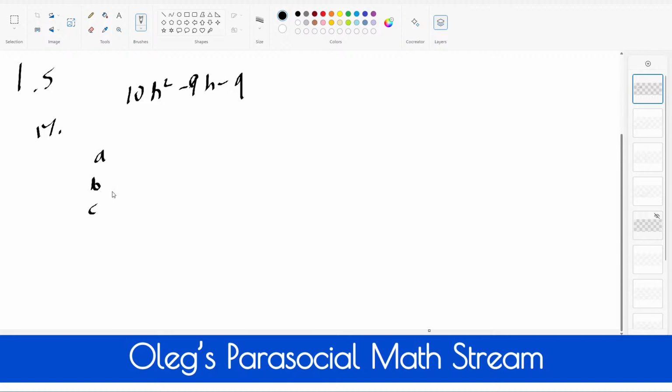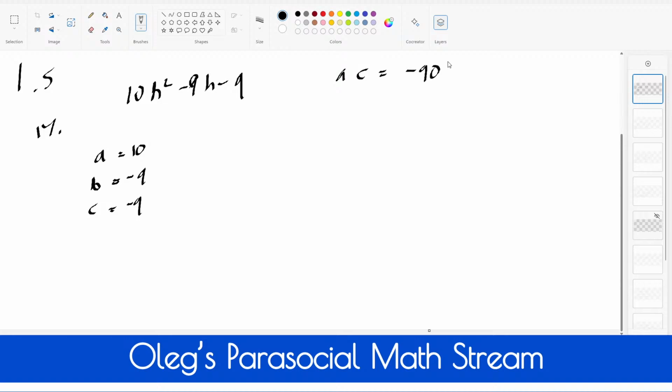A, B, C: A is 10, B is negative 9, C is negative 9. Then what is A times C? It's going to be negative 90.